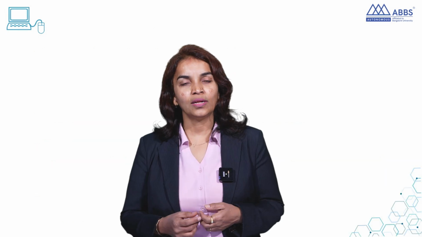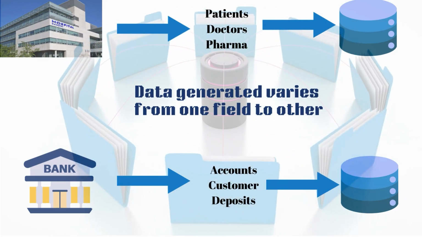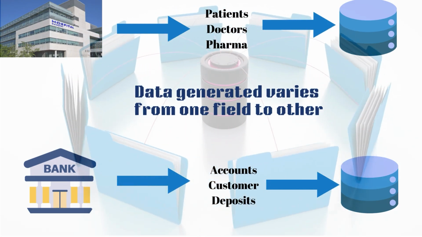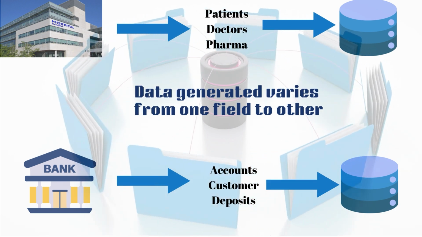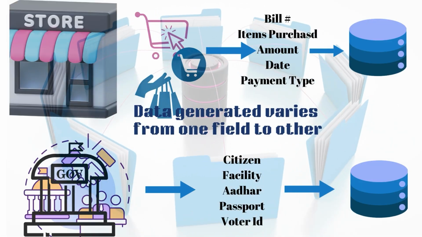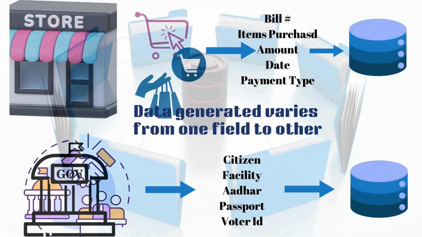To start with, let us understand that the data generated by organizations in their day-to-day activities varies from one sector to another. In simple words, the data generated in a healthcare sector is different from the data generated in a bank, an education institution, an e-commerce industry, or a retail outlet.